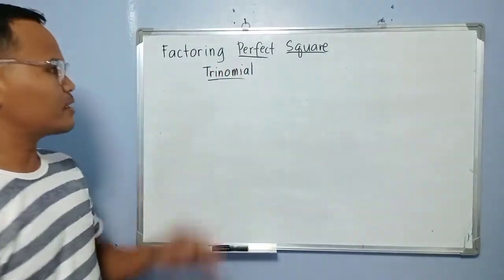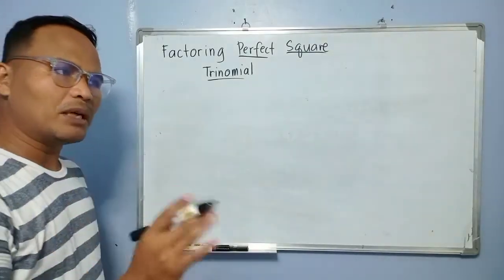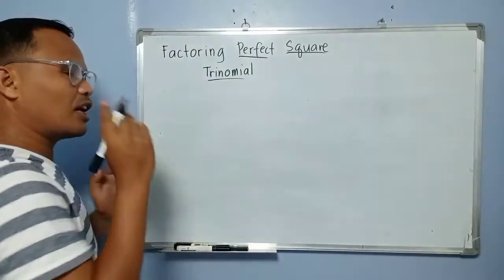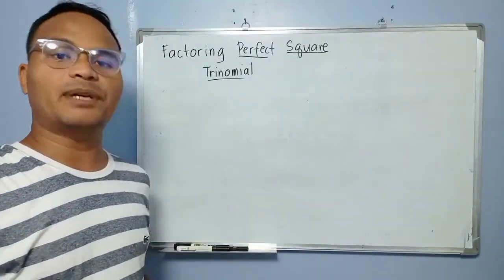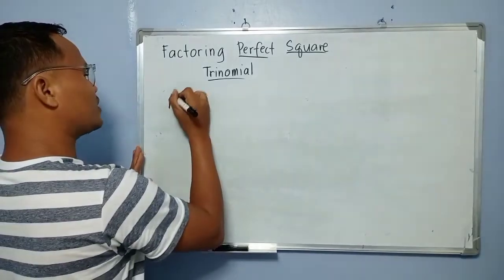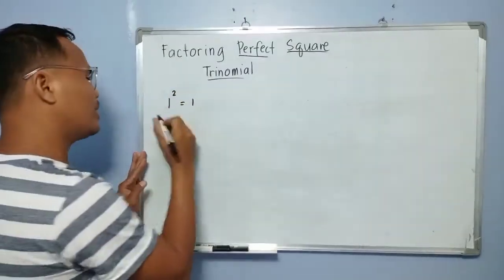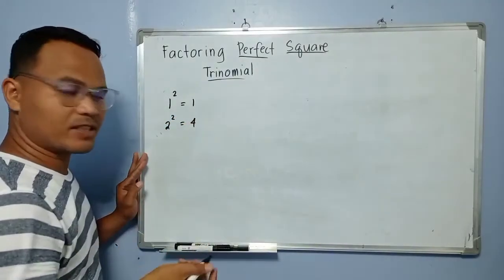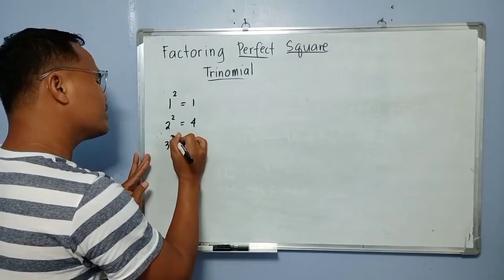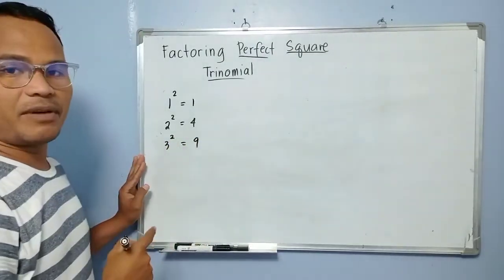In dealing with perfect square trinomial, do not forget numbers that are perfect square numbers. What are perfect square numbers? If a number is squared, the result is a perfect square number. For example, if we have 1 squared, the result is 1. So 1 is a perfect square number. If we have 2 squared, the result is 4. So 4 is a perfect square number. If we have 3 squared, the result is 9. And so 9 is a perfect square number.